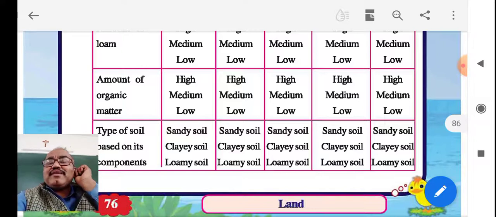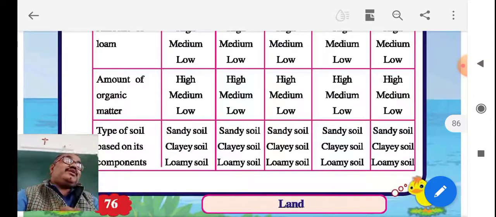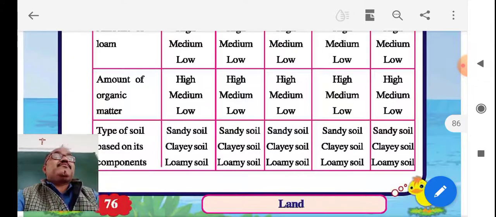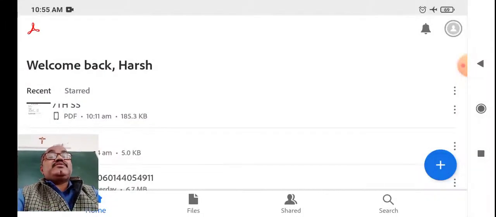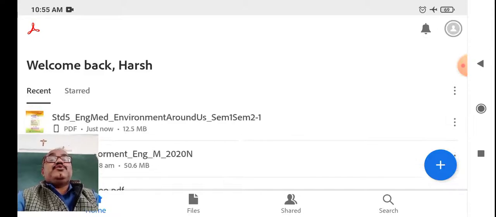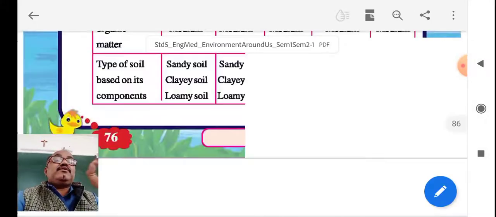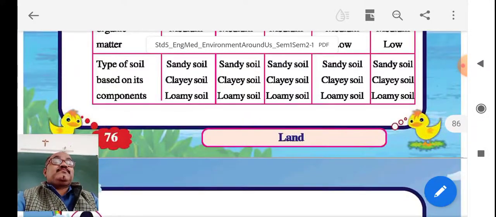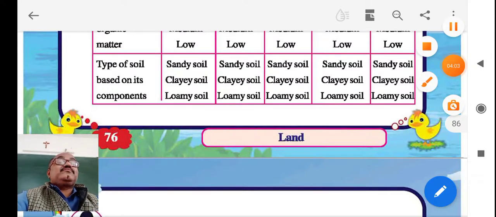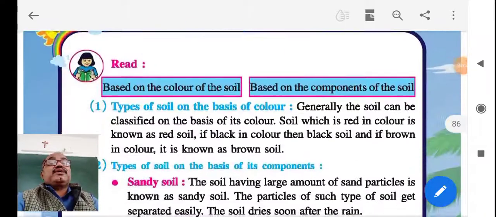I have given a ready-made PDF of it. Please go through it very carefully and tick your answer. So I have given you the basic points. Don't forget to learn these points because they are very important when you are learning this, and important for the exam also.